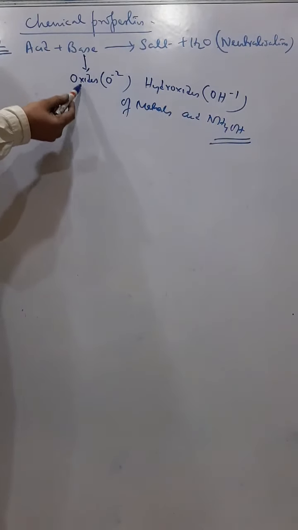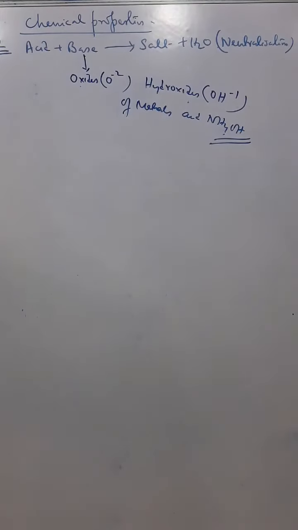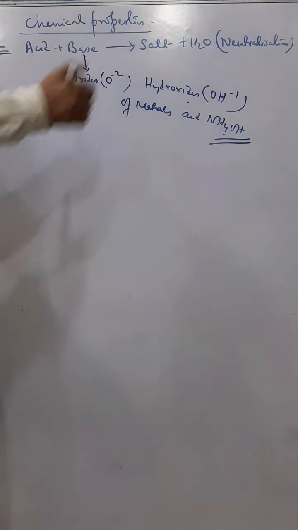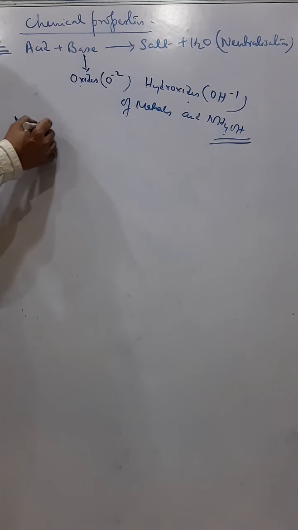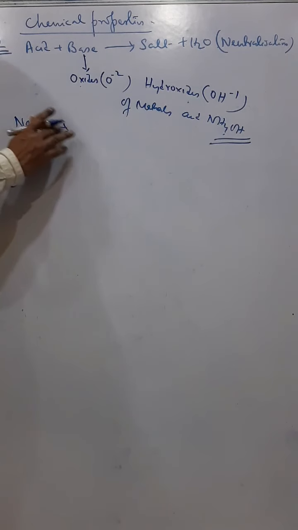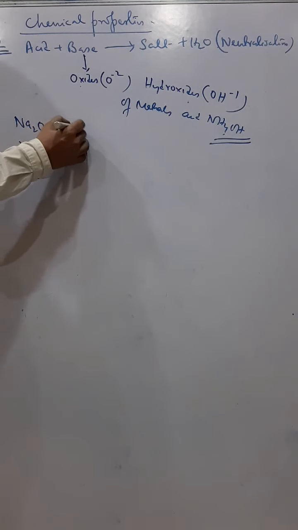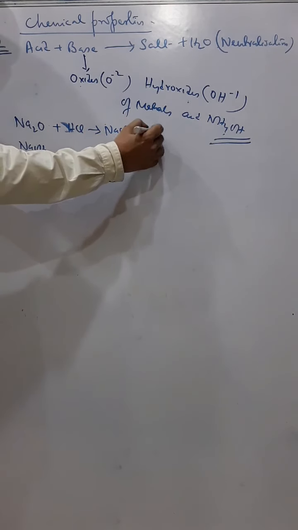So any metallic oxides, metallic hydroxides, ammonium hydroxide, all these are bases, and whenever a base reacts with acid, you get salt and water. Say Na2O is also a base, NaOH is also a base. Now if it reacts with HCl, you get sodium chloride and water.